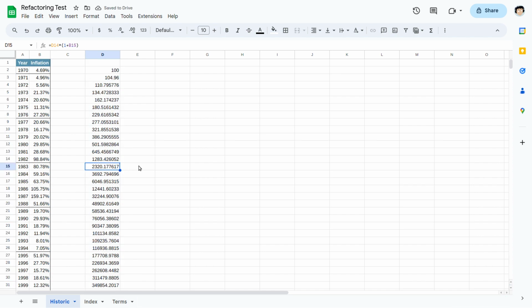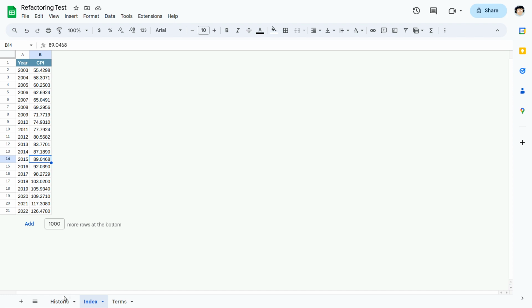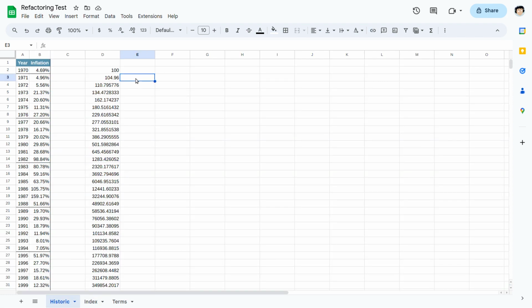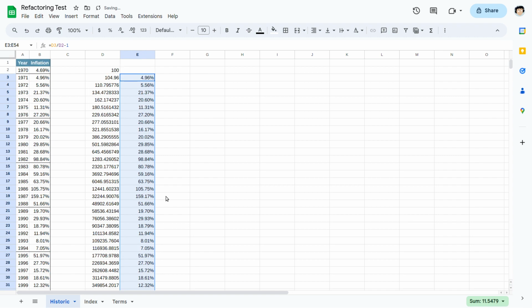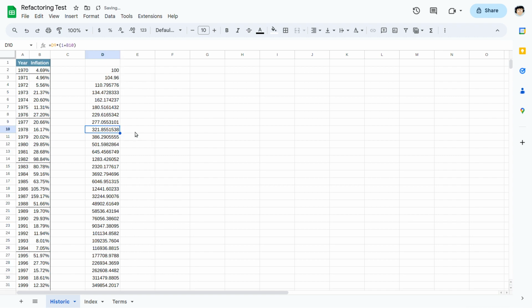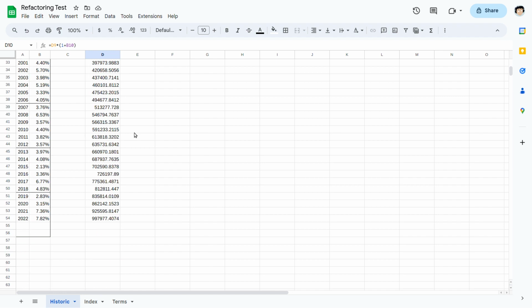Now this number is not very useful, but it serves the same purpose as the actual reported index. If I divide this by this, I get the same percentage that is reported in this other source, right? So these two are equivalent.